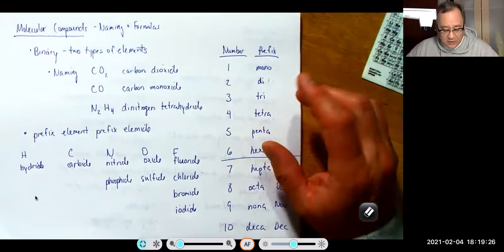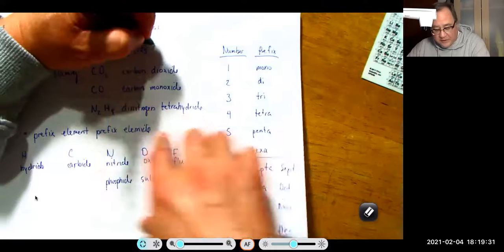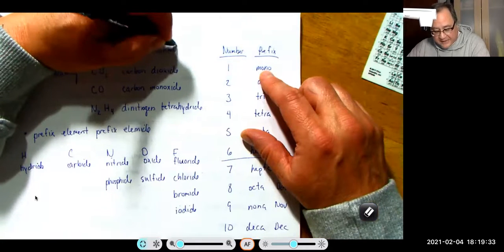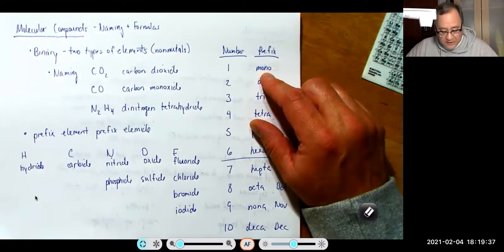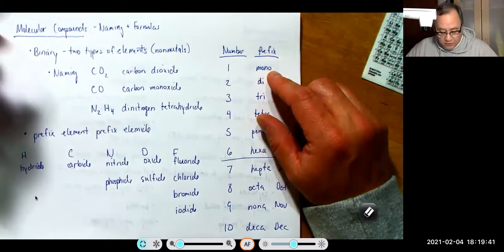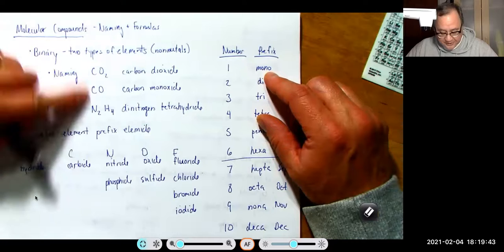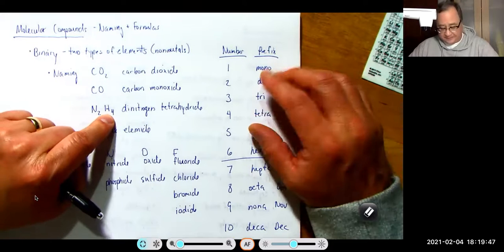So remember, molecular compounds, we're looking for 2 types of elements, and they're both going to be non-metals. Let's add that in. Doesn't hurt to have it there again. And when you name them, you name the first element first and the second element second. Also, when you look at the arrangement of the elements, often if there's a hydrogen, it goes last. Often, not always.